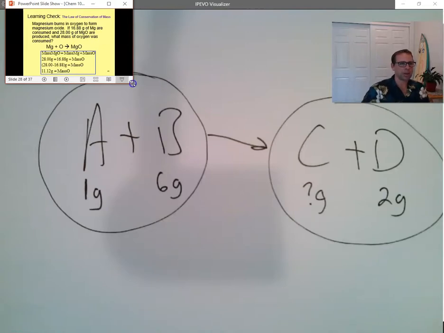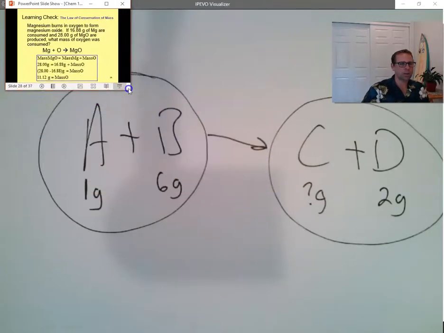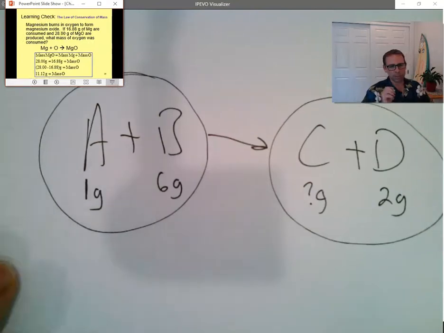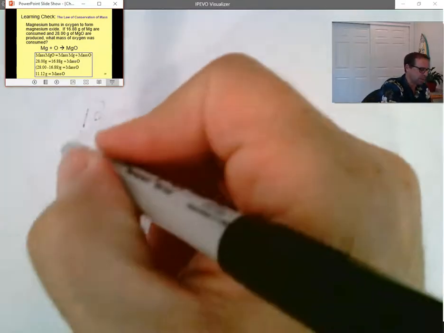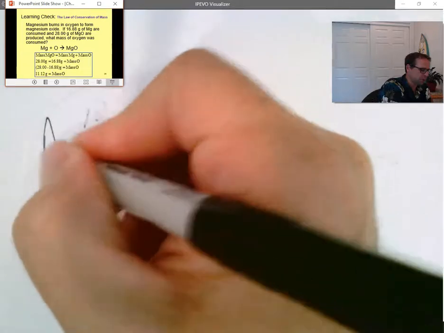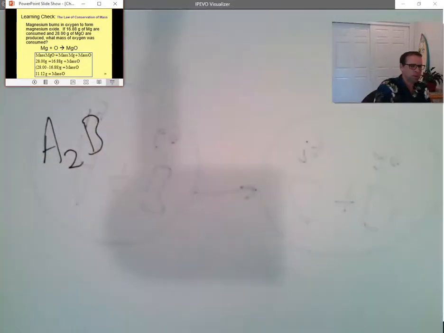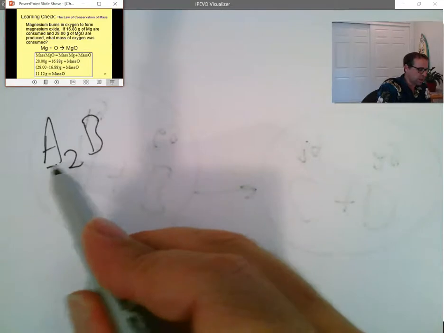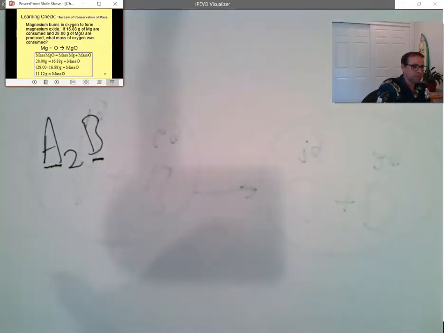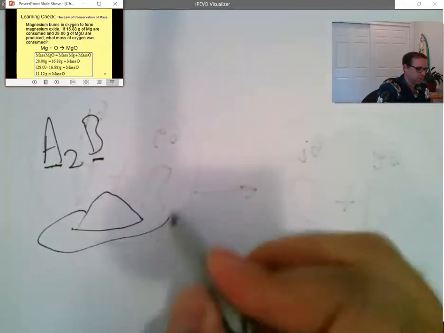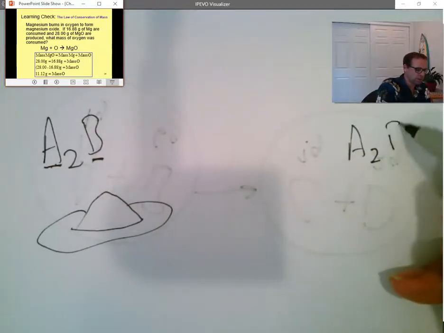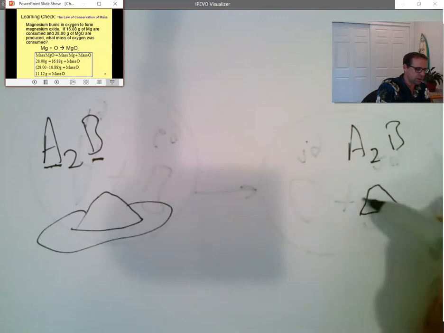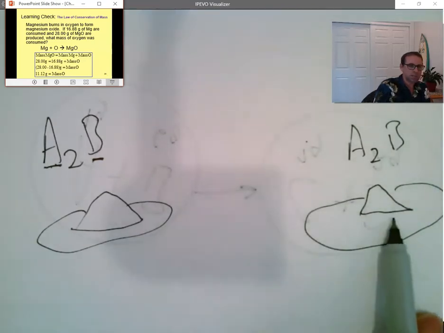The mass of our reactants has to be the same as the mass of the products in chemistry. Okay? The other law that we looked at was the law of definite proportions, which essentially says that if I have a sample of a chemical, A2B, the amount of A relative to the amount of B in this pile of material is the same as the amount of A to B in this pile, because it's the same type of material.